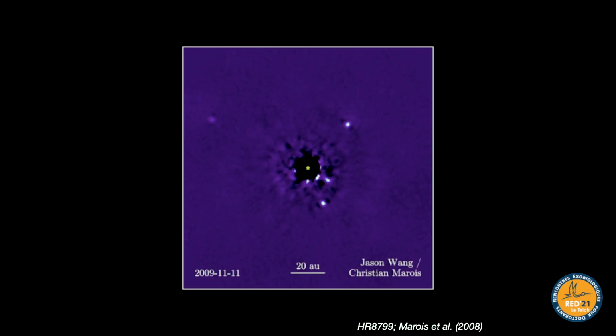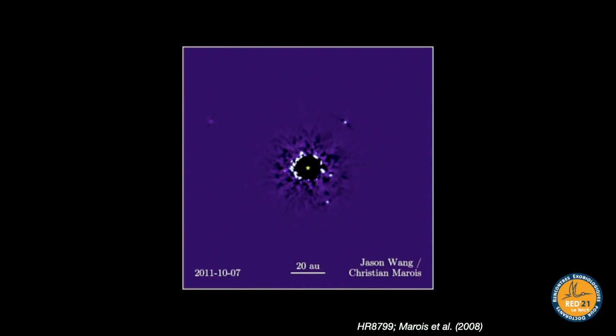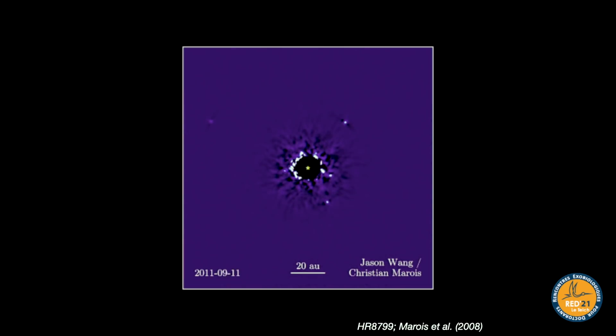So we have more information about the distance from the star and the mass of the star. With all this information, we can start to get an idea about the internal structure, the mass, and the age of these objects.